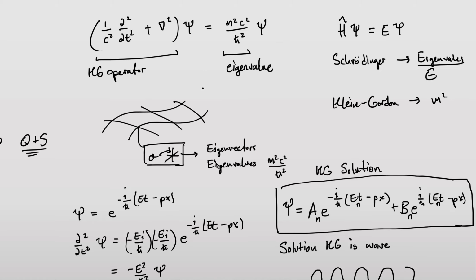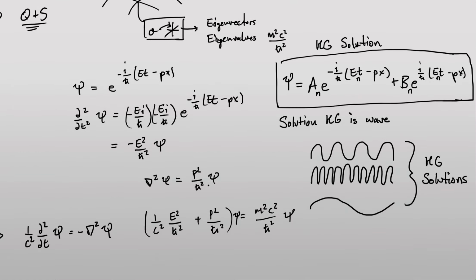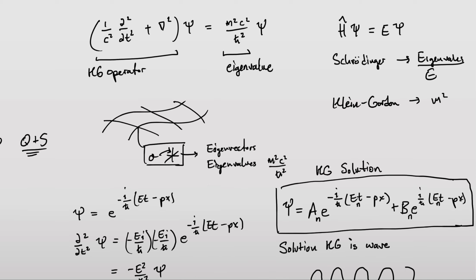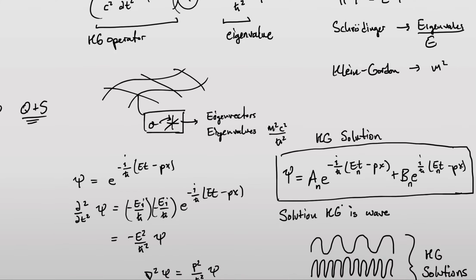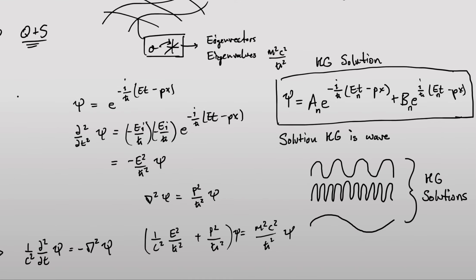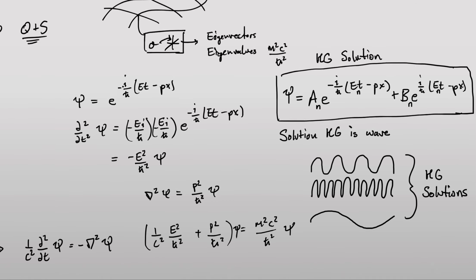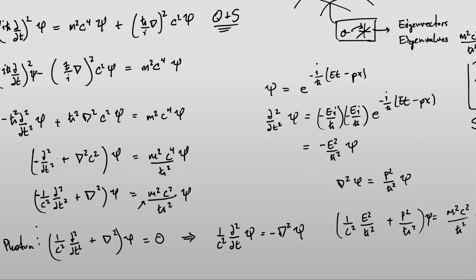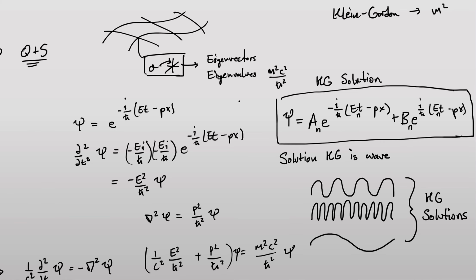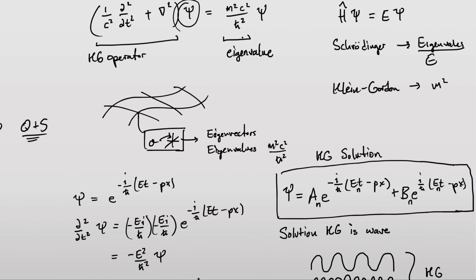And then we came up with solutions. So what's psi? This guy right here. Psi is a wave, and it can be any wave. This is the wave equation, for photons but also for objects that aren't photons, because remember, this is just a constant. And so what we end up getting is this as a solution.